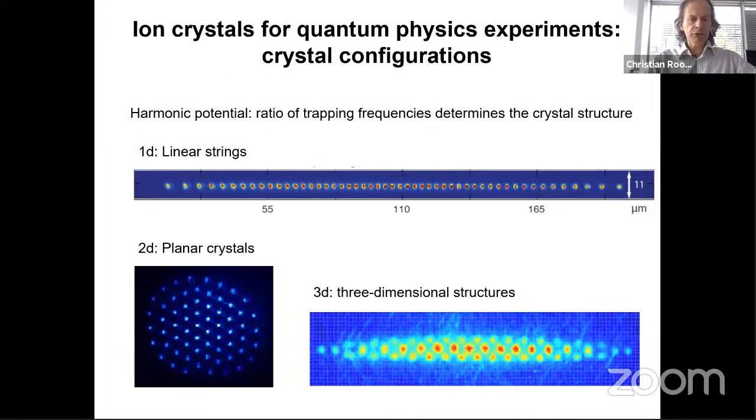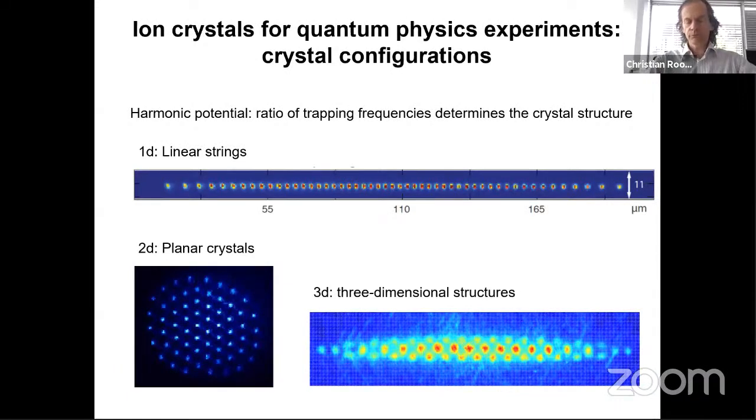Now, there are different types of ion crystals that you can create in ion traps, and the ion configuration that is created depends on the ratio of trapping frequencies. And here I assume that the ions are trapped in a harmonic trap, so that I can describe the trapping potential just by specifying the 3 trapping frequencies along the 3 different spatial directions.